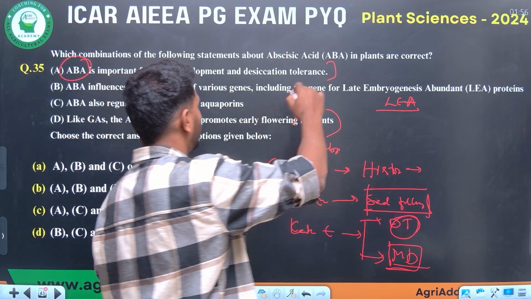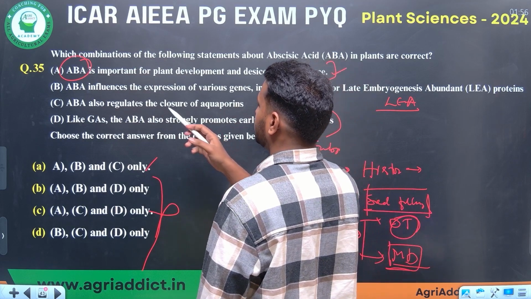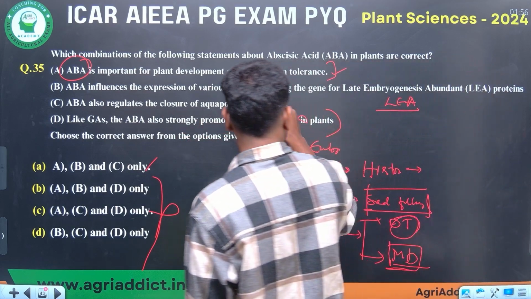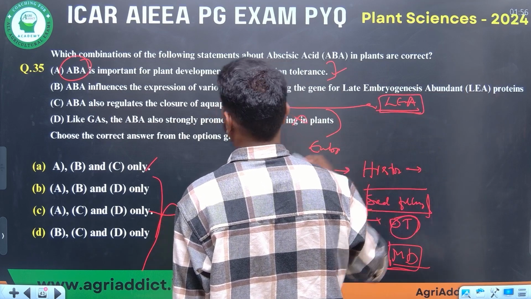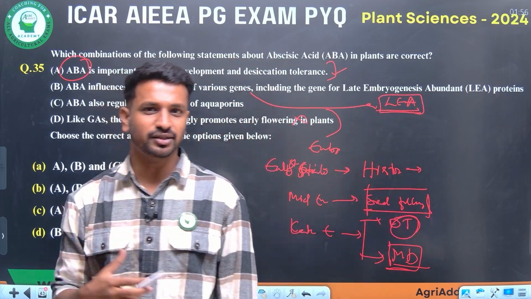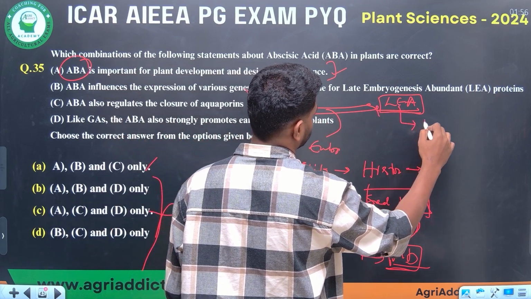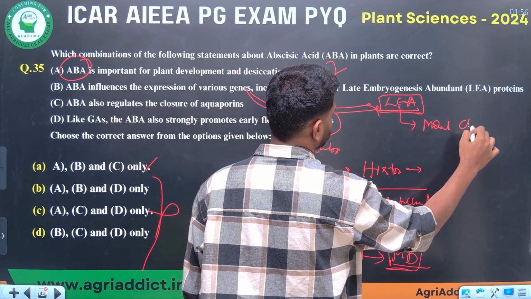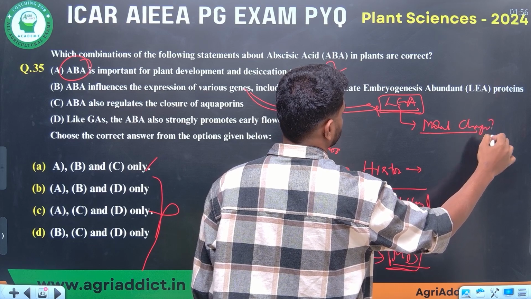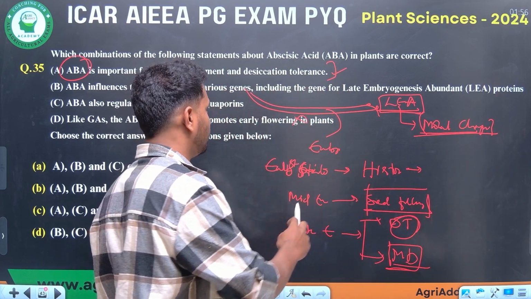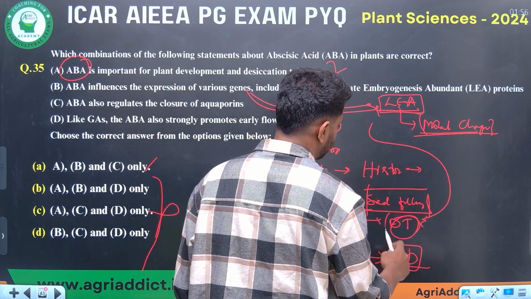So this is correct. And next, the ABA influences the expression of the various genes. Yes, it is true, and it includes the LEA protein. So the hormonal regulation, because of the synthesis of ABA, it will actually activate the LEA protein, which acts as a molecular chaperone, which stabilizes the cell overall and helps the cell to withstand the desiccation.